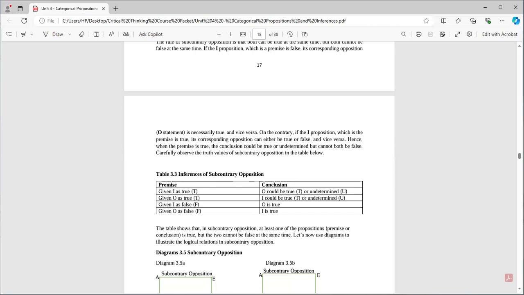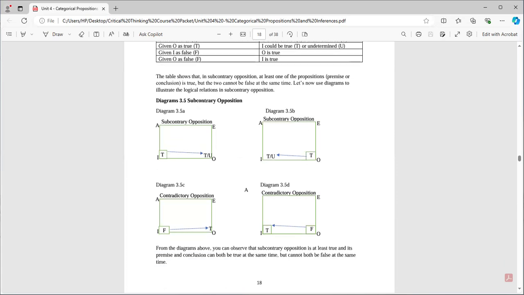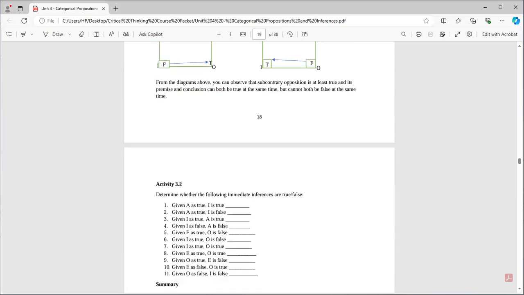For subcontract, both can be true at the same time, but both cannot be false at the same time. So this is just an illustration, so that we move away from this one.